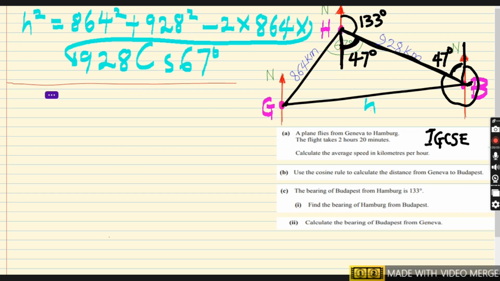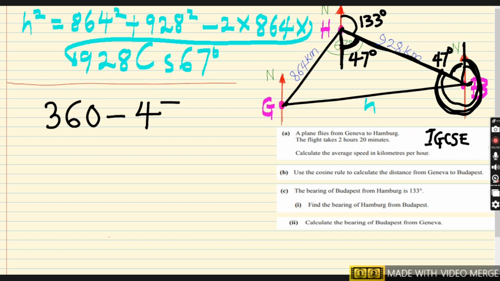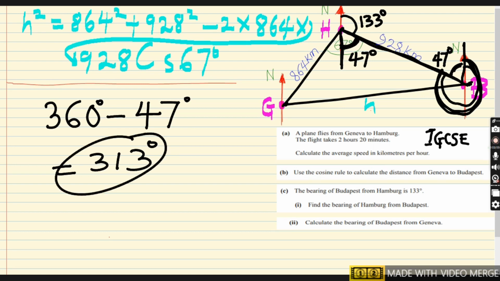That means the required angle, the remaining angle all around the point, is just 360 minus 47 degrees, and that is 313 degrees. That's the required bearing there.